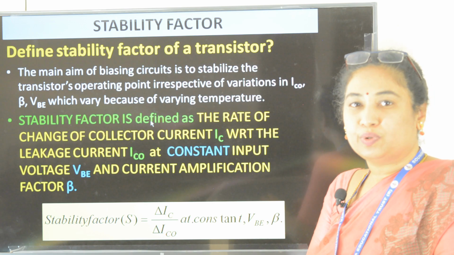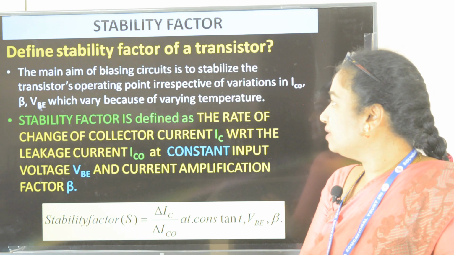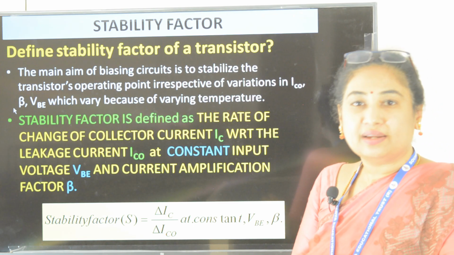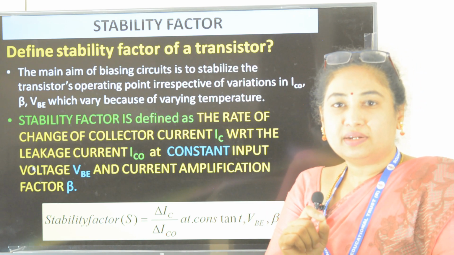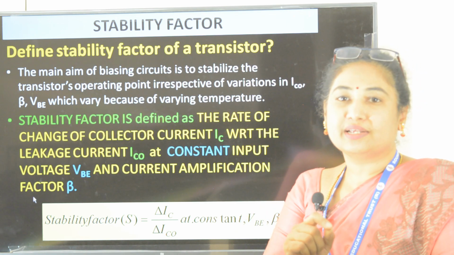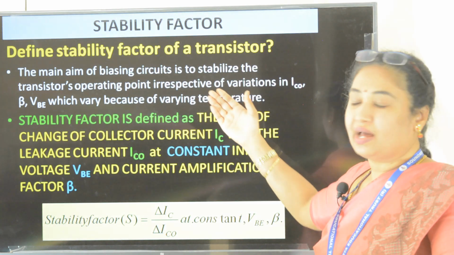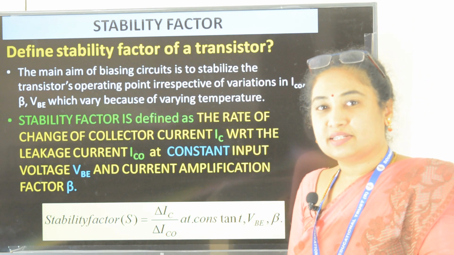It can be the input voltage, or it can be beta, the current amplification factor. These will start to change with an increase in temperature. So making the transistor independent of any parameter variation is known as stabilization. We can define stabilization as making the transistor independent of other transistor parameters.